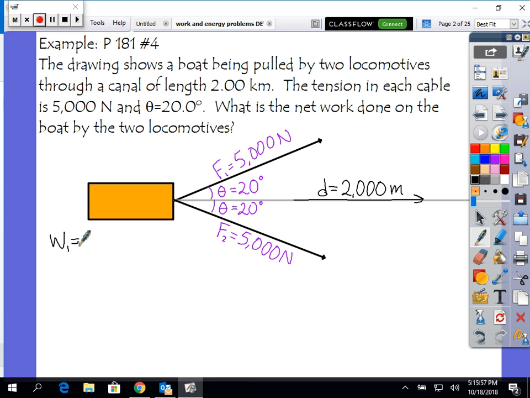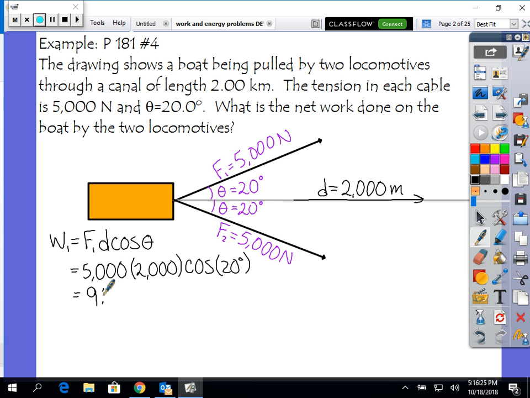W1 is going to be F1 times d times cosine of theta, which is 5,000 newtons times 2,000 meters times cosine of 20 degrees. And that is 9.4 times 10 to the 6 joules.